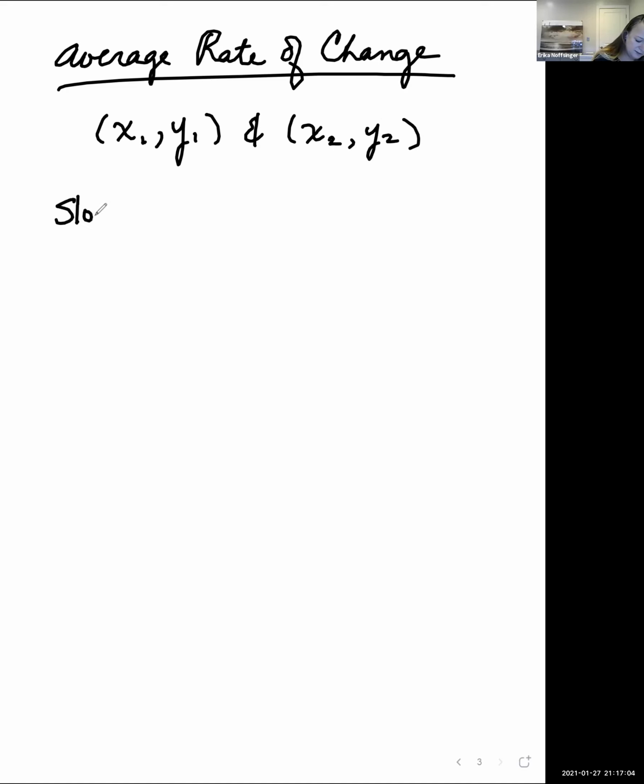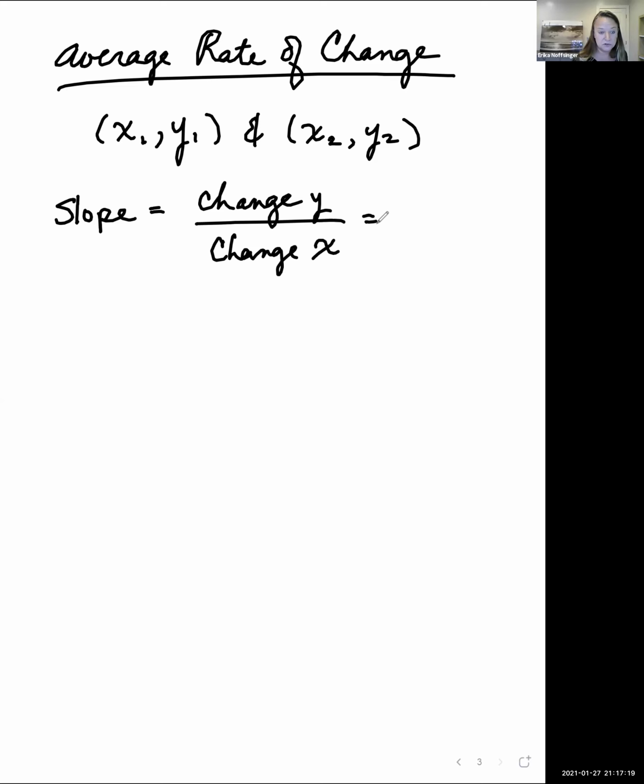So to find the slope, this is equal to our change in y over our change in x. We talked about the symbols yesterday, that we could write that with a triangle or Greek letter, delta y over delta x.